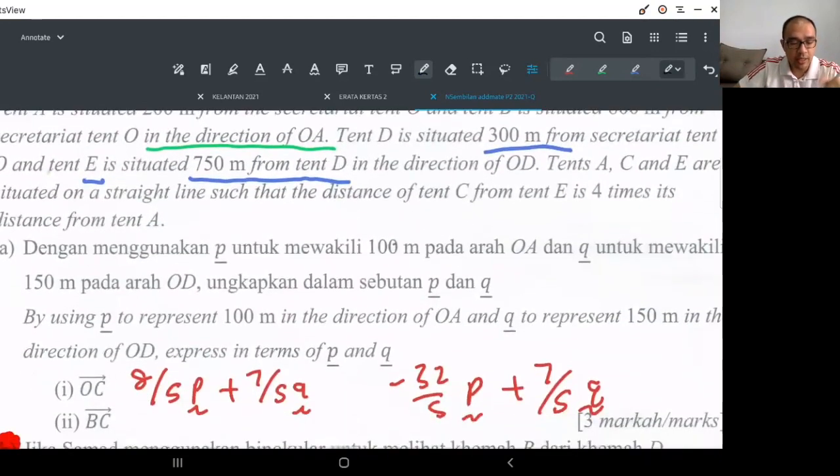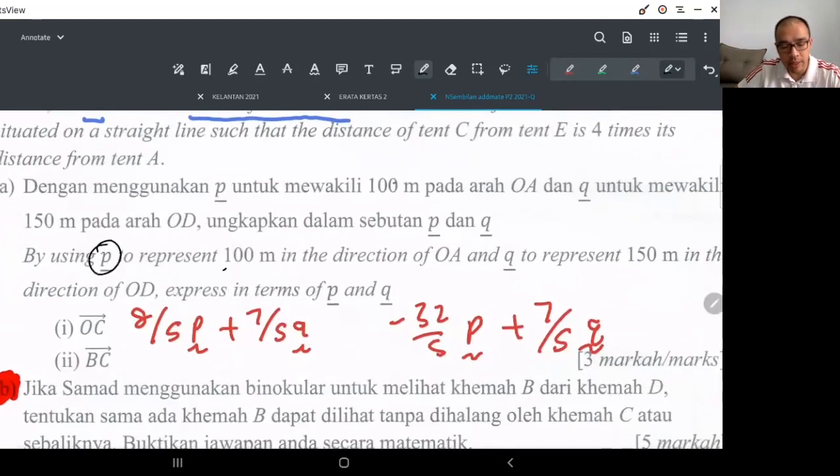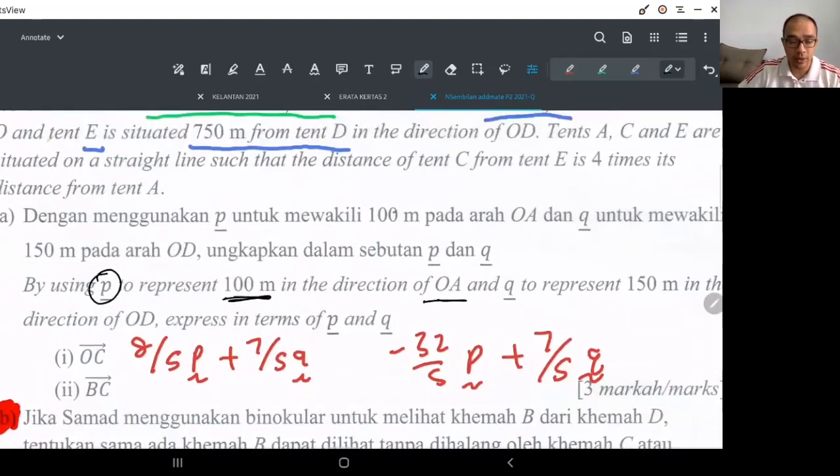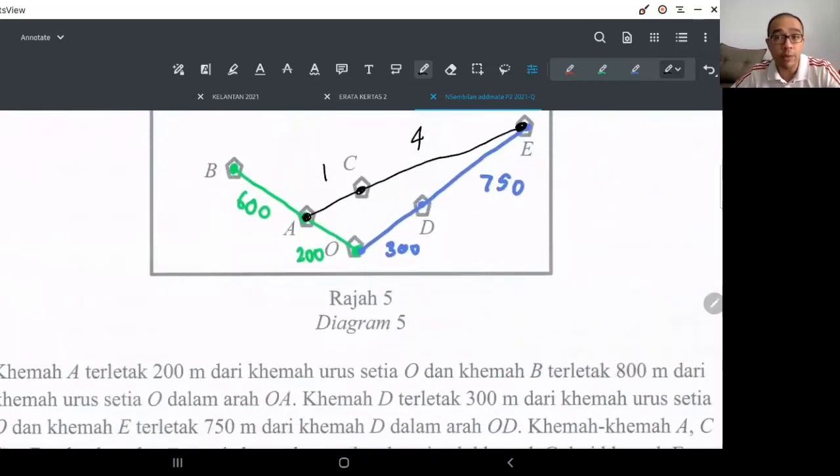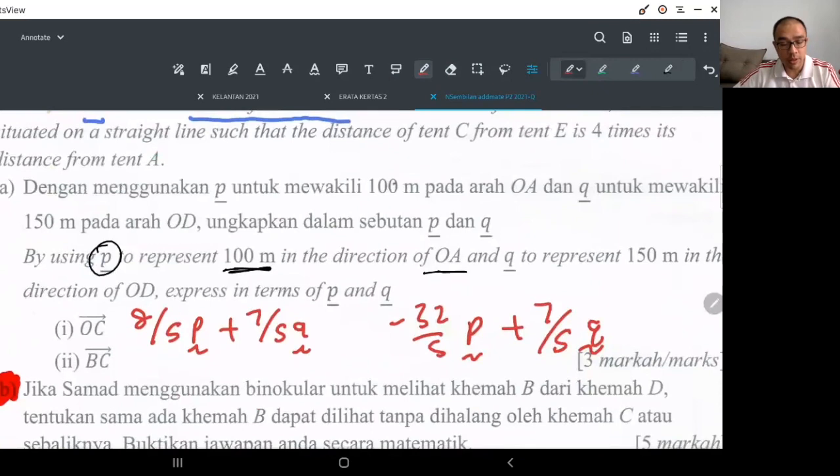Then they say using P to represent 100 meters in the direction of OA. So if every 100 meters is P, 200 would be 2P, and this 600 will be 6P. Now Q is different. Q is 150 meters in the direction of OD.